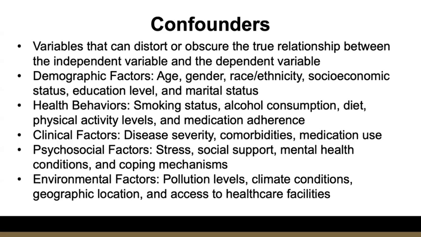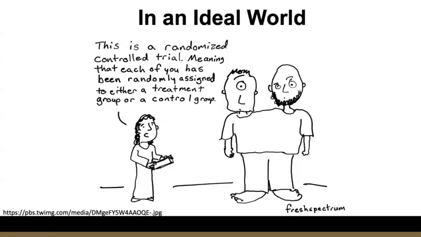Then also there could be environmental factors like pollution levels, climate condition, geographic location, access to healthcare facilities, etc. So basically, the list is too long about what covariates can act as confounders. It would depend on the kind of research you're doing, your research question, and in an ideal world, we have to control or adjust for all of these.